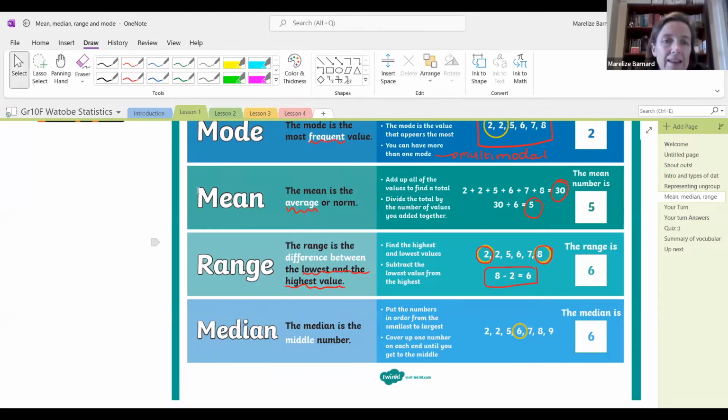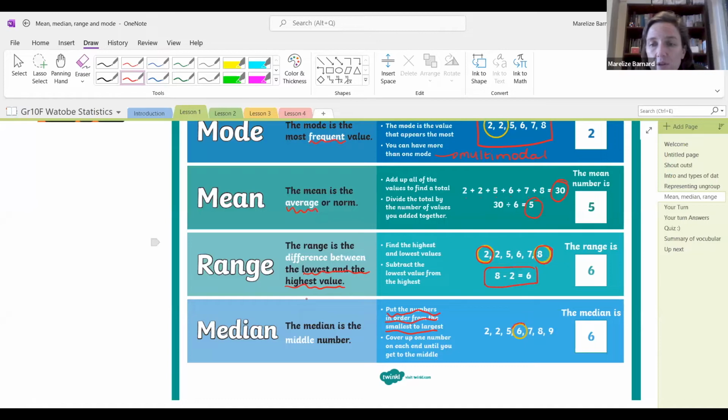Okay, and then the median is the middle value. So for that, it's very important that we first put the numbers in order from smallest to largest. So luckily our data set here, the 2, 2, 5, 6, 7, 8, those have all been arranged from smallest to biggest.